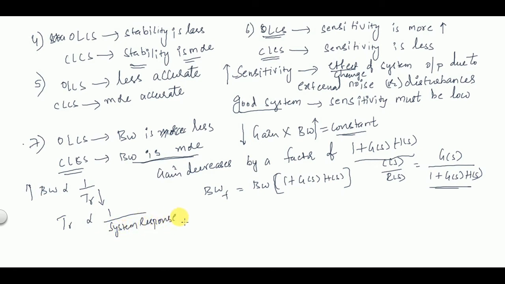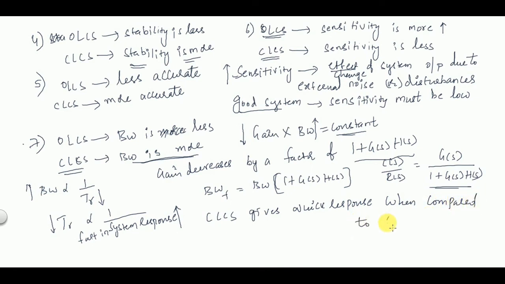Since Tr is very small in closed loop control system, there will be a quick response. This is why closed loop control system gives quick response when compared to open loop control system.